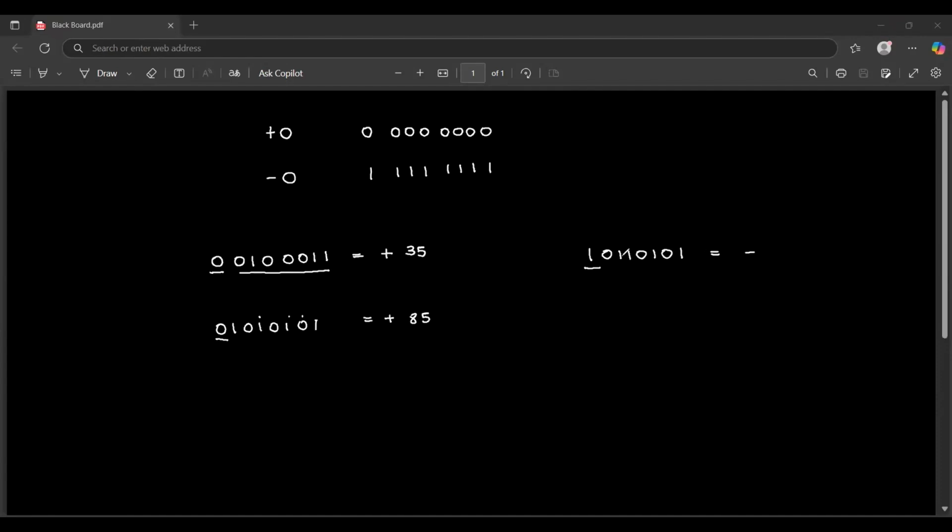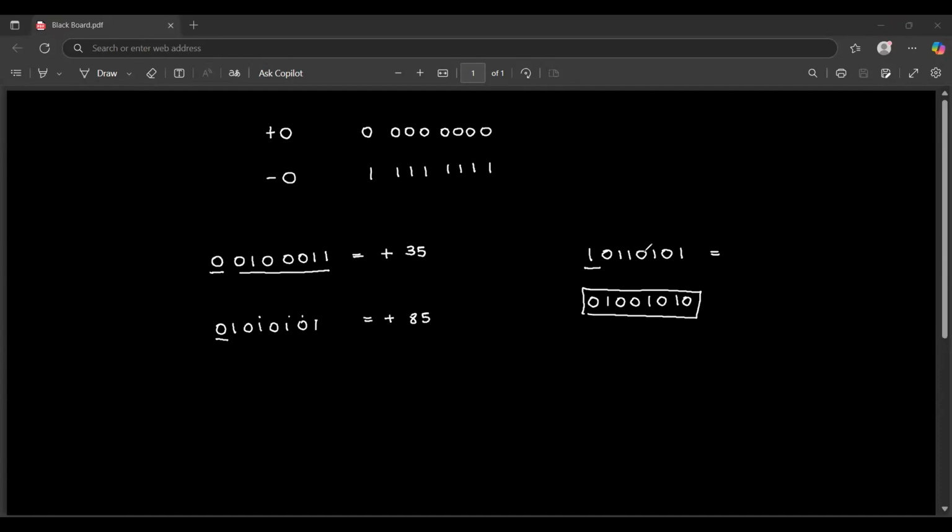Cool. So how can you find the real number? Since we know this is a negative number, we can apply the one's complement to it again. The one's complement of this number will look like 0, 1, 0, 0, 1, 0, 1, 0. This is the positive version of this negative number.